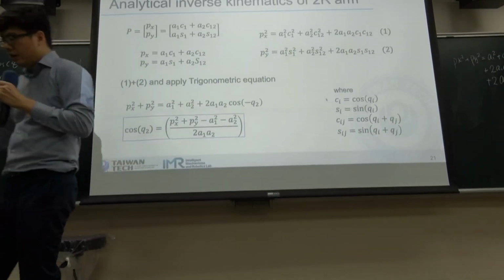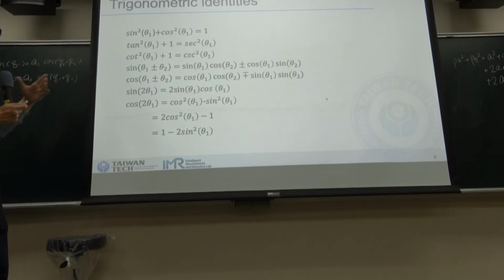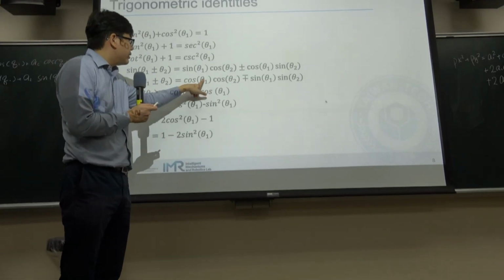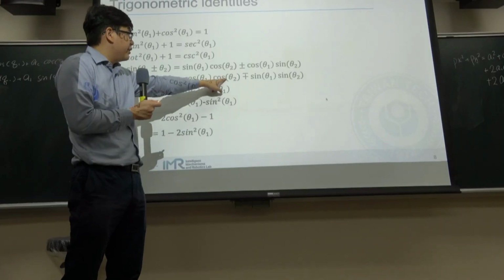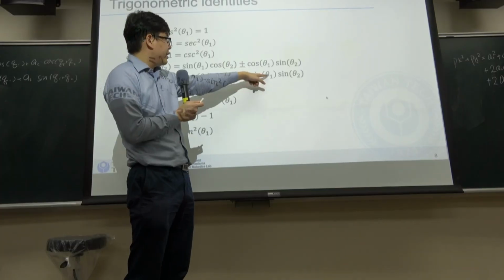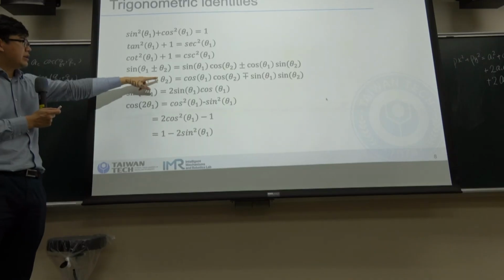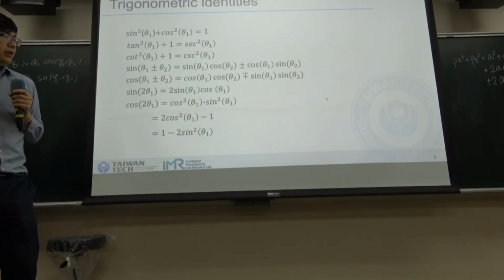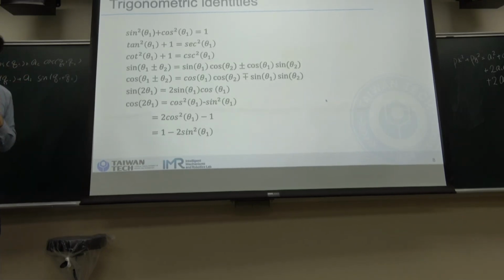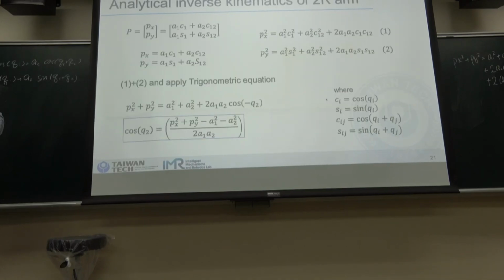And we can recall from trigonometry that cosine θ1 times cosine θ2 plus sine θ1 times sine θ2 is cosine of θ1 minus θ2. So we apply this relationship to here.